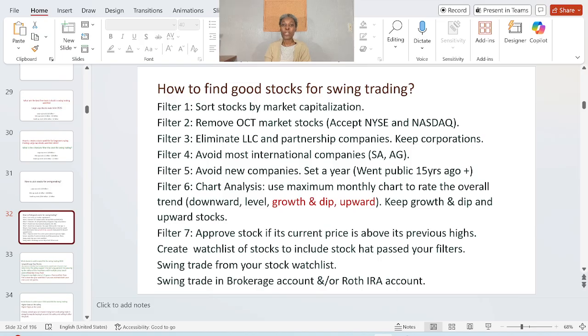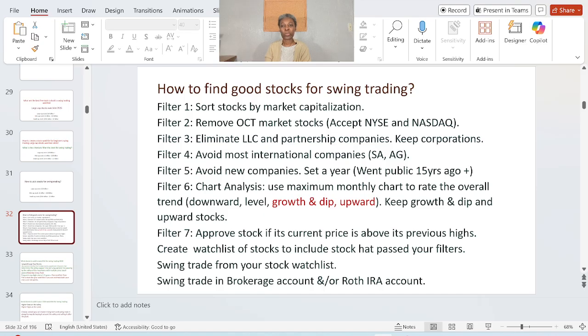When you filter using just Schwab, you'll filter out stocks that do not meet those two criteria, and then you will go through them and eliminate LLC partnerships and just keep the corporations, and eliminate the international companies ending in AJ or SA as well.